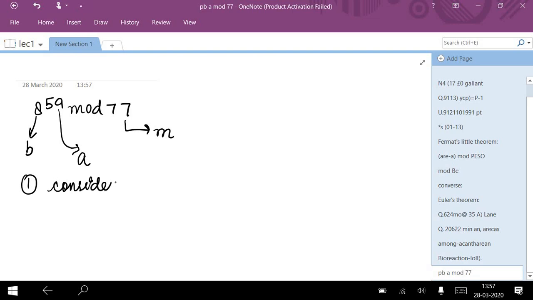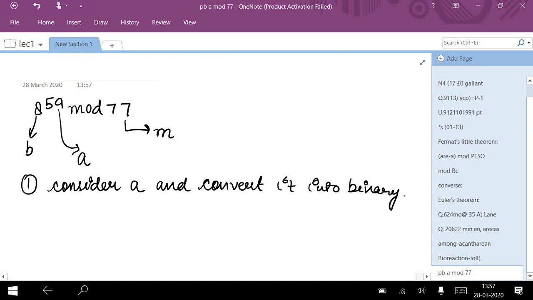First, consider a and convert it into binary. I am solving this exponential-type problem by using modular exponentiation. So first consider the power, that is 59, put it into a and convert it into binary form. The second step is to check whether each bit of a is 0 or 1.